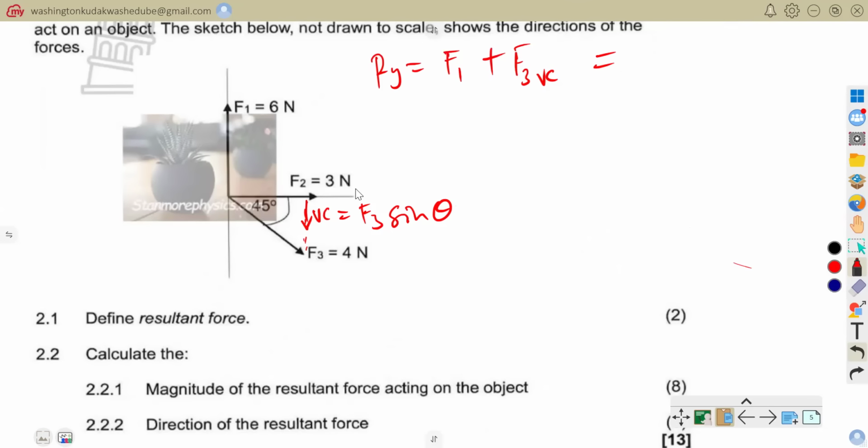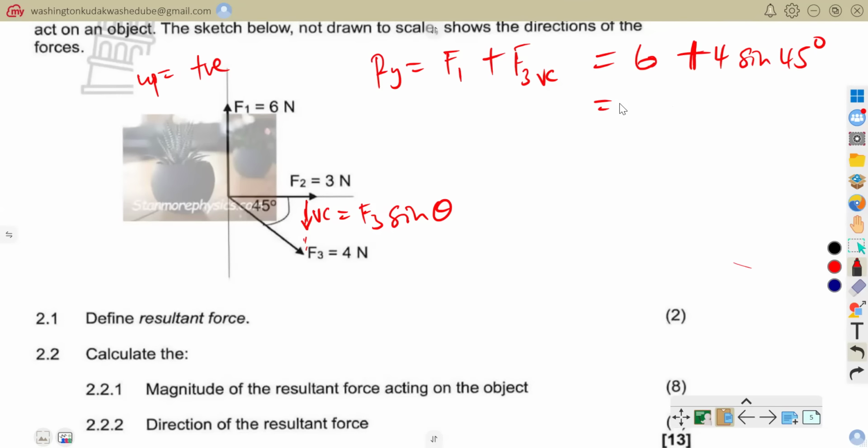So here let's choose up to be positive. I'll take 6 newtons plus F3, that is 4. Let me just take 6 without the units. So 6 plus 4 sine 45.